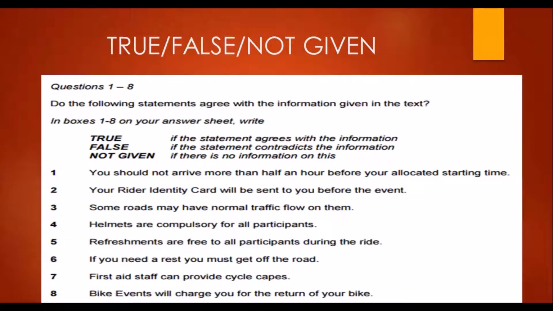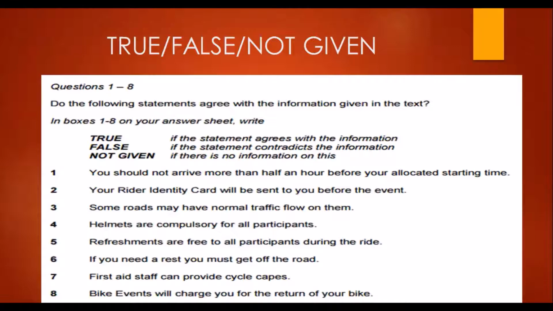You need to be careful while you write true, false, not given. You can even use a short form like T for true, F for false, NG for not given. You can write that way, but you need to be careful.